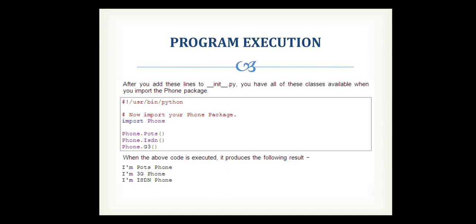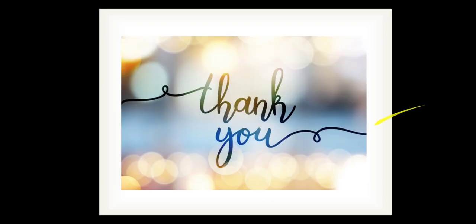So it is directly going to print it. There is no need to specify anything explicitly; it is directly going to initialize within the Phone directory. Okay, so that's how we are going to execute the program.